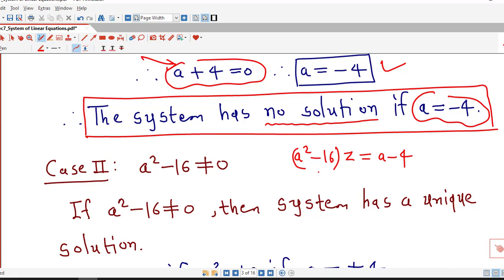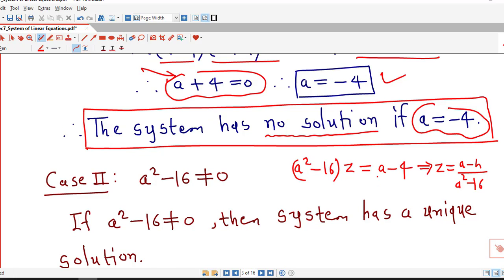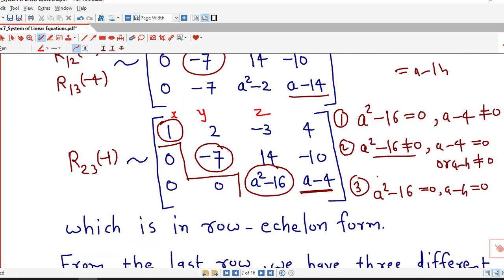So if a² − 16 is non-zero, we can divide this by a² − 16. So for a² − 16 not equal to 0, all the variables in this system will become leading variables. If this quantity is non-zero, then the first non-zero entry of the third row corresponds to z, the first non-zero entry of the second row corresponds to y, and the first non-zero entry of the first row corresponds to x.